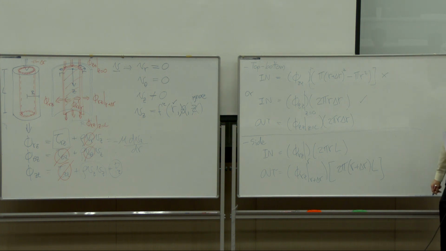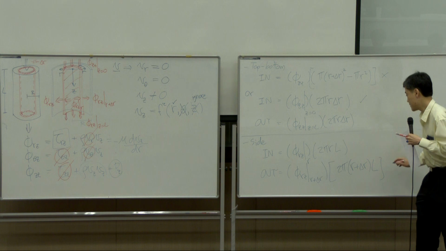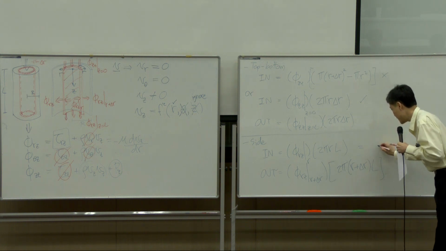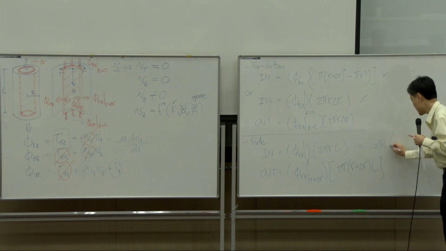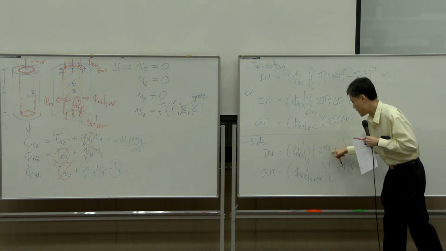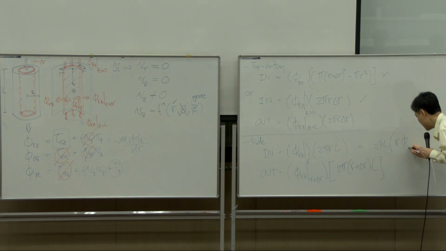Now the tricky part is, in this case, I can say that it is 2 pi L, taking L out, taking r and phi rz together, I get r phi rz. Can I do that? Of course I can.